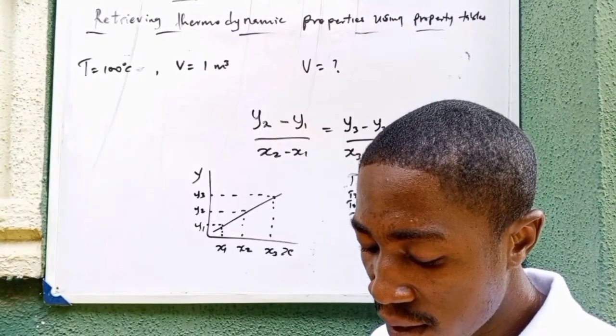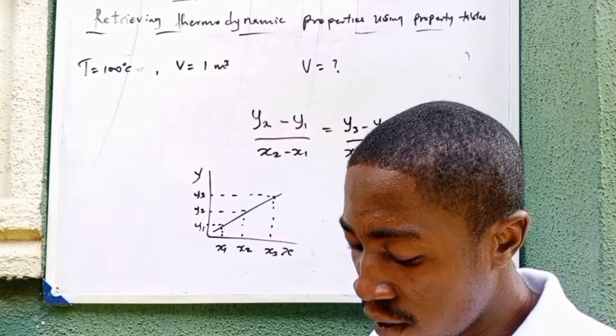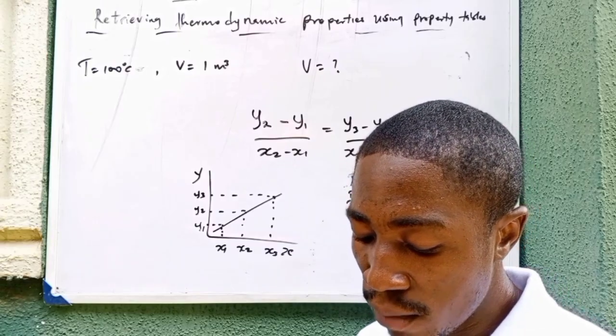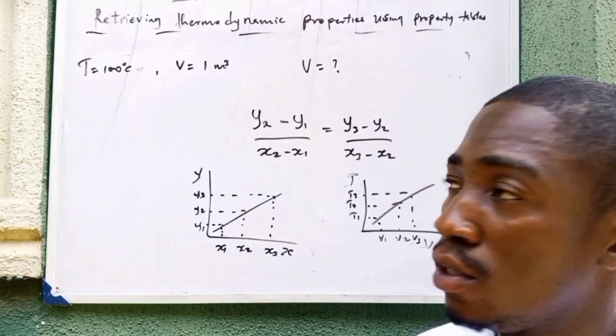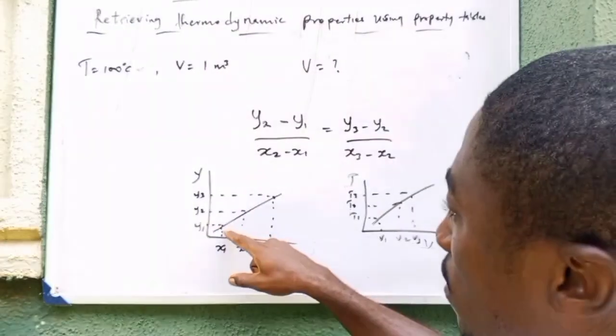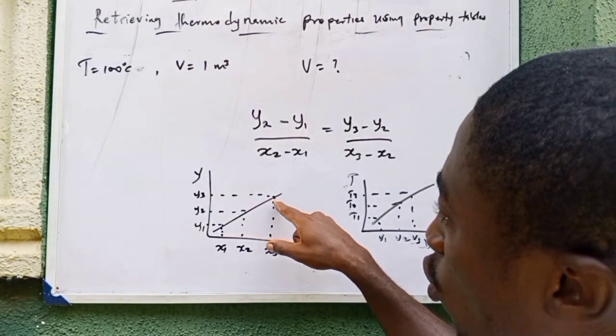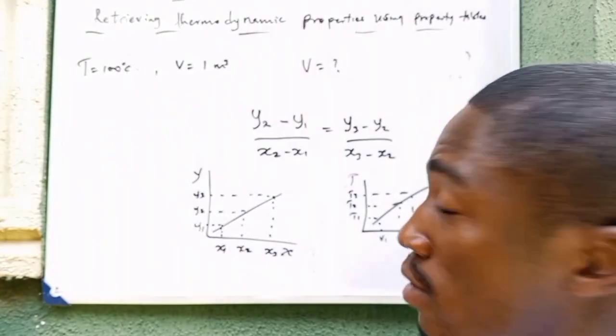Again, if your property lies between two tabulated values, interpolate between the two known points. Let me explain what that means. Normally, if this is a straight line graph, you notice that the slope will be the same at all points.